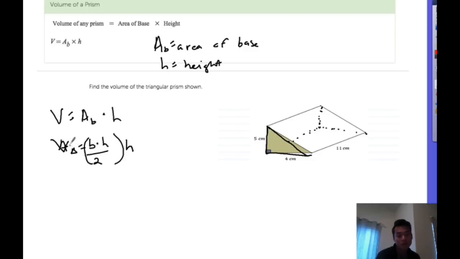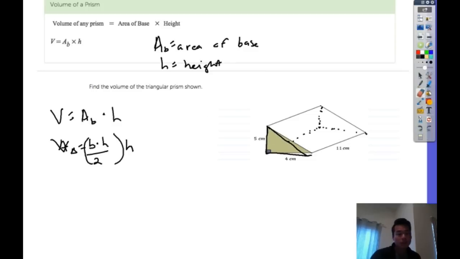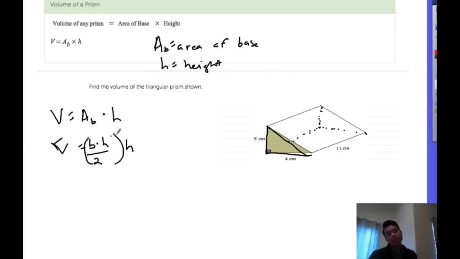So the volume of this would be base times height divided by 2 times the height of the actual prism, not the height of this triangle, to give you the volume of this triangular prism. Okay, so let's go ahead and do some quick math here. So the volume is equal to base times height of the triangle divided by 2 multiplied by the height.